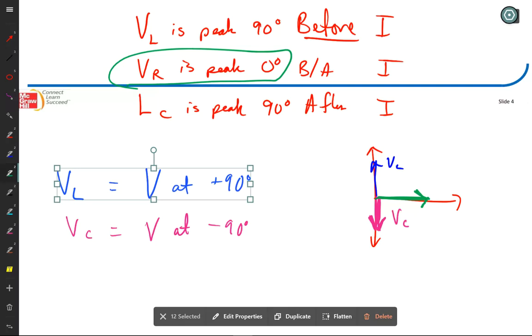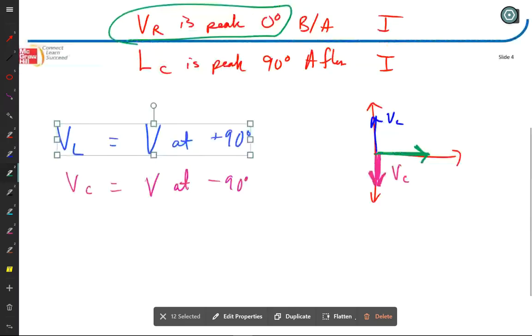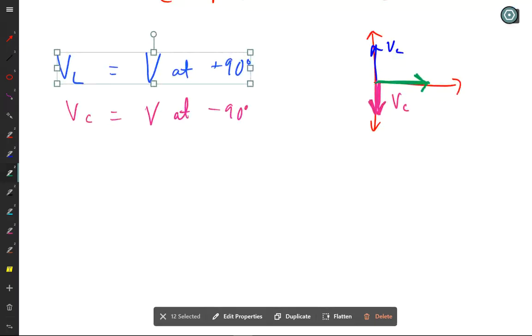Okay, the circle doesn't make as much sense. Okay, so let's just take one. I wish I had an option with this tool to rotate a picture. Here's my voltage across the resistor in an AC circuit at time equals 0.